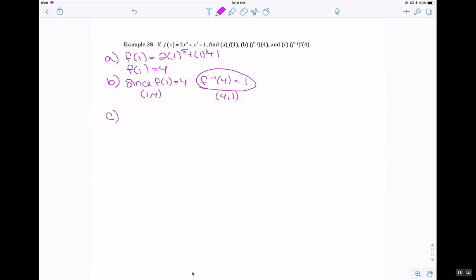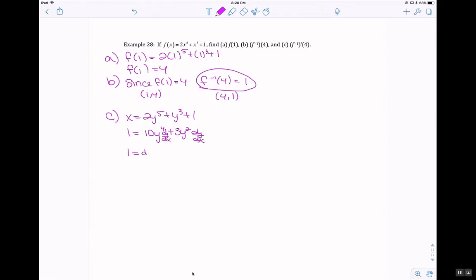Okay, so then I need to find the derivative of the inverse. So I have x is equal to 2y to the 5th plus y cubed plus 1. Take the derivative implicitly. 1 is equal to 10y to the 4th plus 3y squared plus 0, and this is all times dy dx.